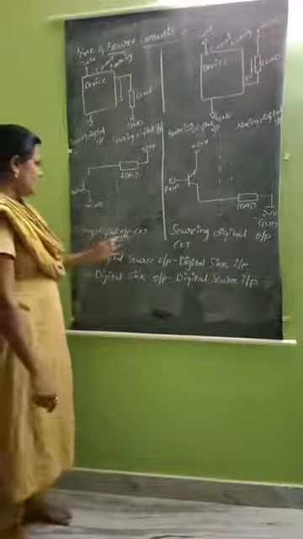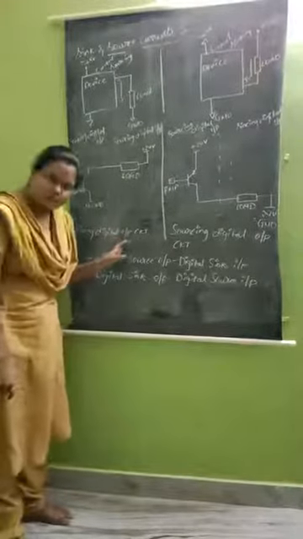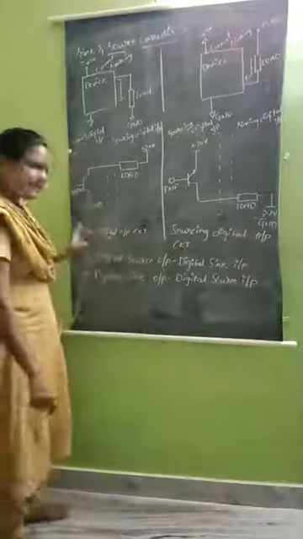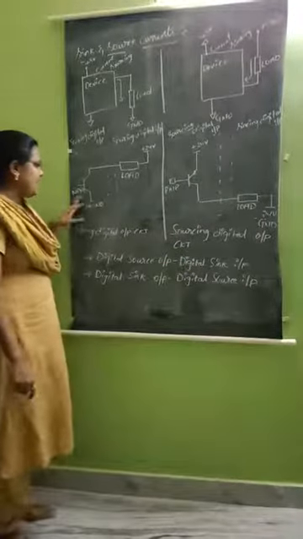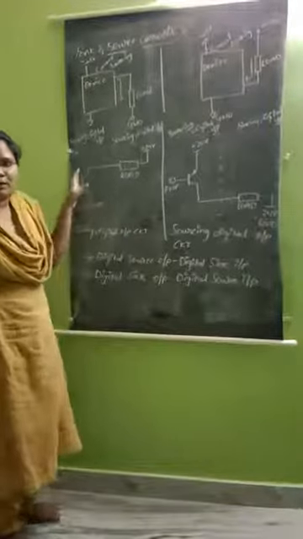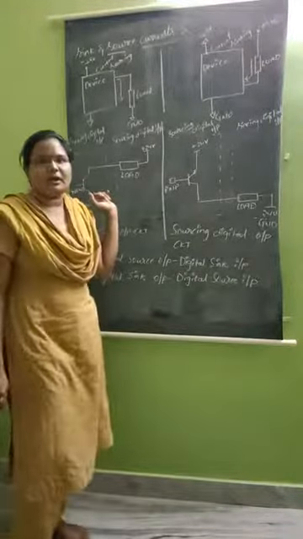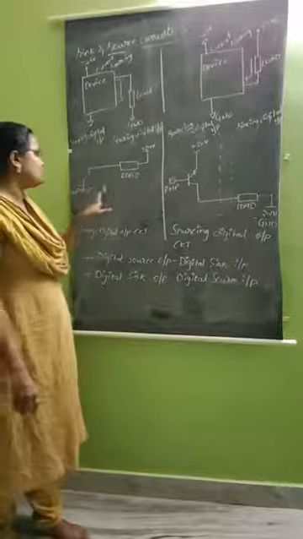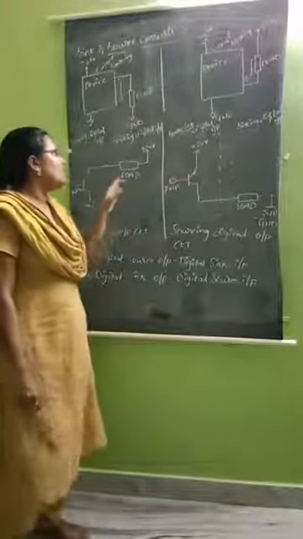This is the sinking digital output circuit. This is the sourcing digital output circuit. In the sinking digital output circuit, this is the NPN transistor, and here we applied 24 volts to the circuit, and this is the load.